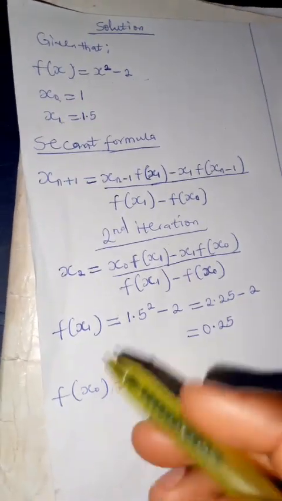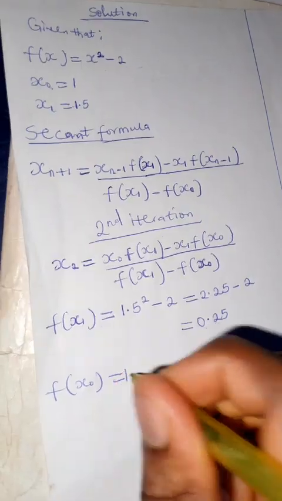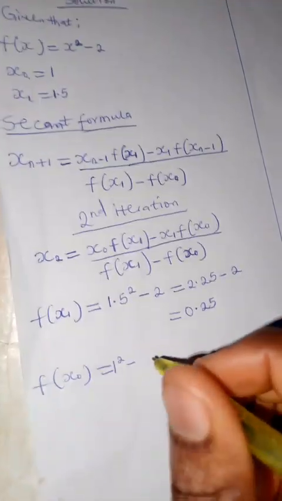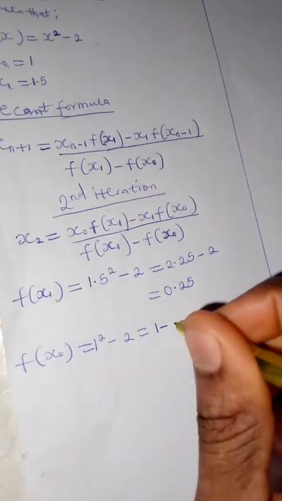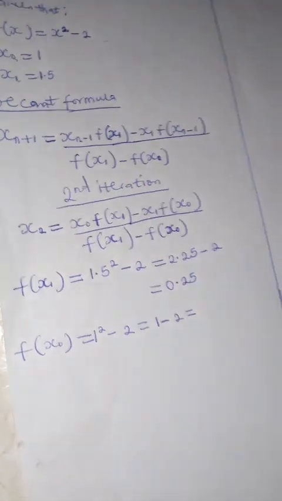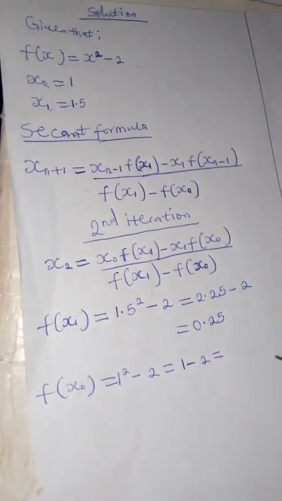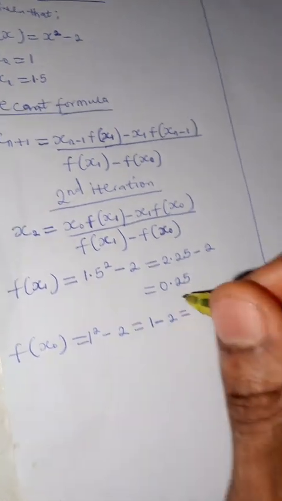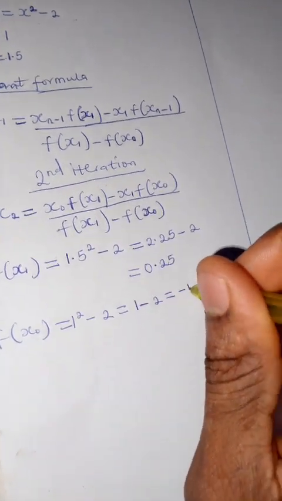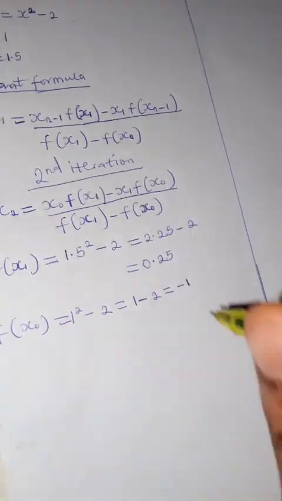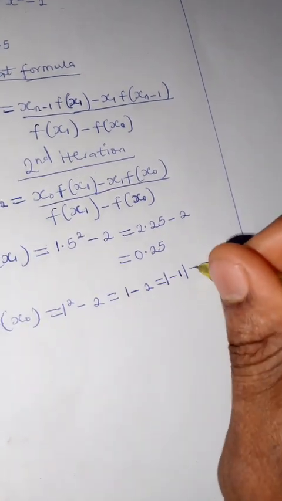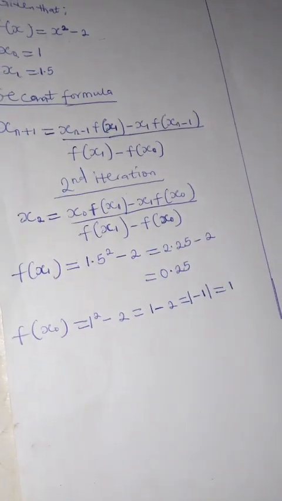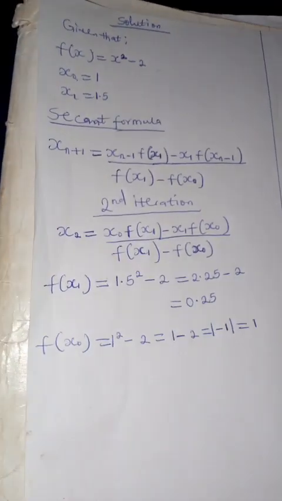So I'm going to have 1 squared minus 2. 1 squared is 1, minus 2 is minus 1. Now since it's negative, we can take the modulus to make it positive. The modulus of minus 1 is 1.